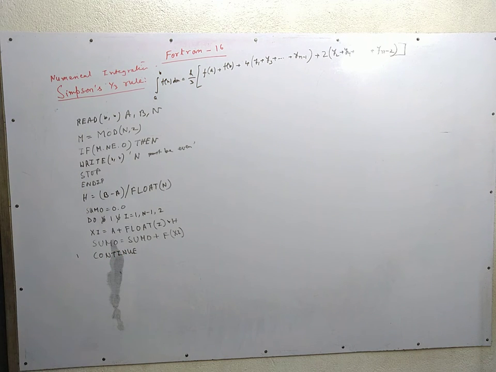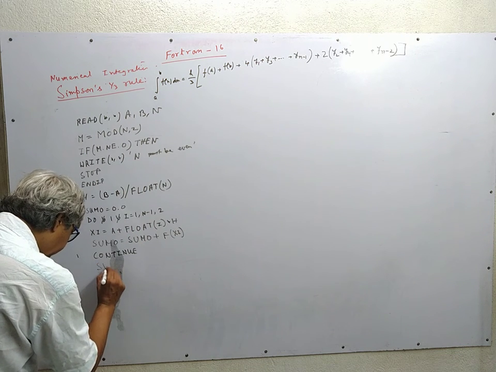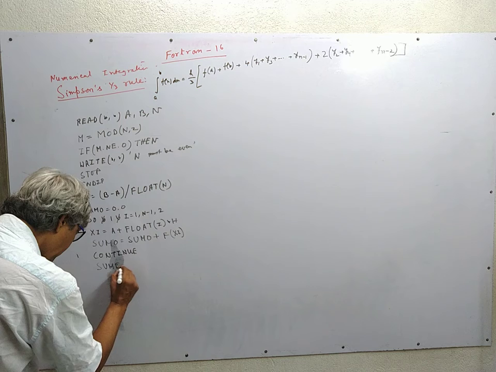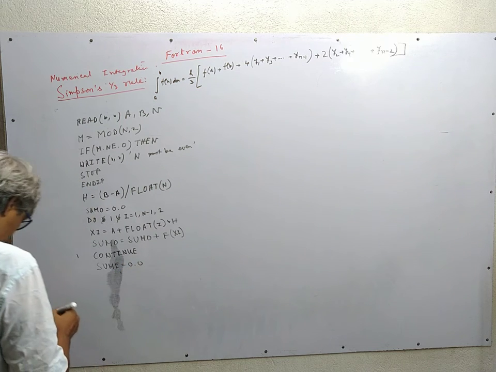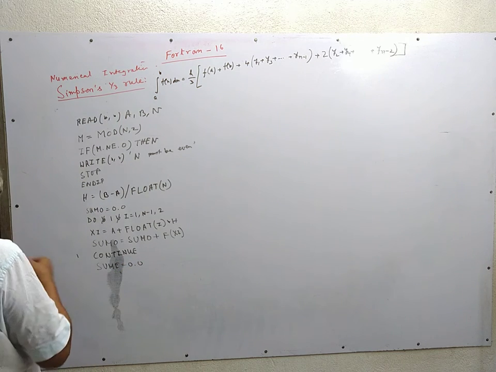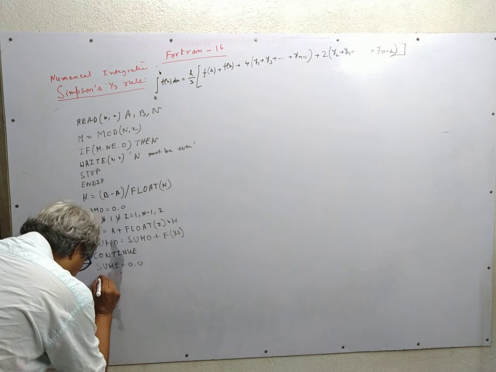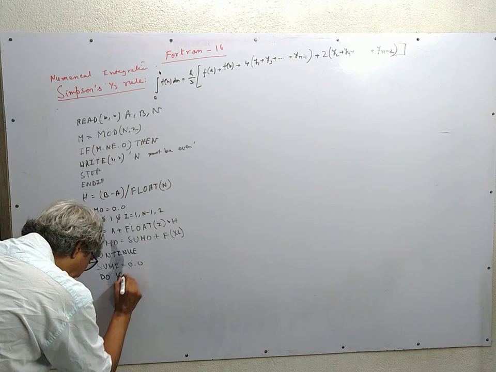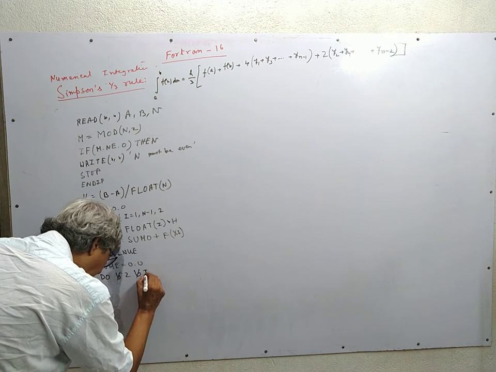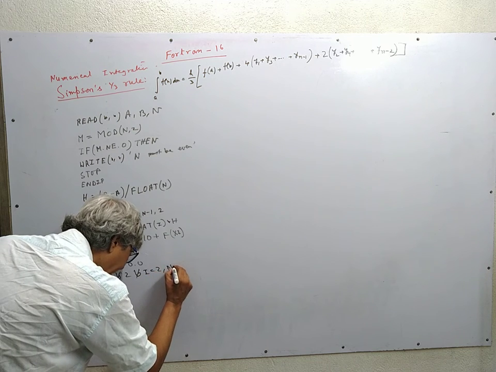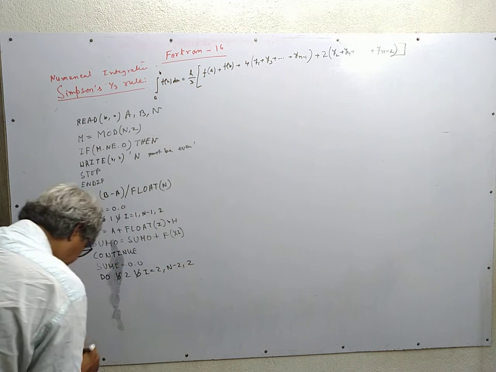Now the odd sum has been carried out. Now coming to sum even. Do 2, I is equal to 2 to n comma in steps of 2.